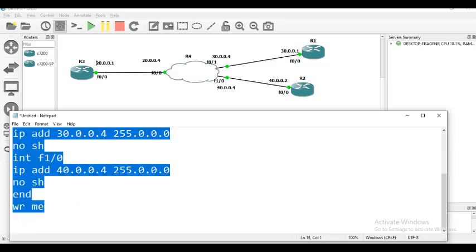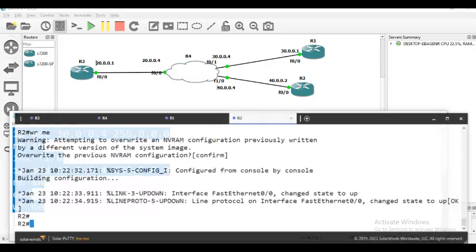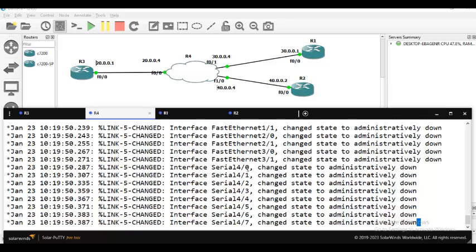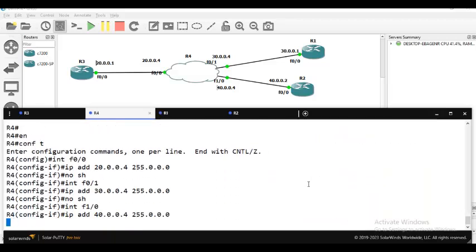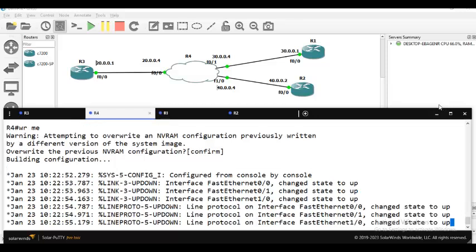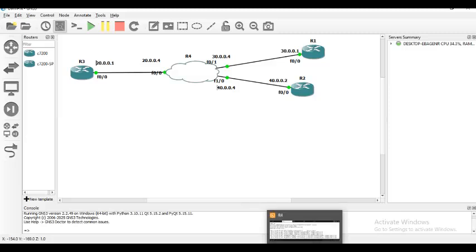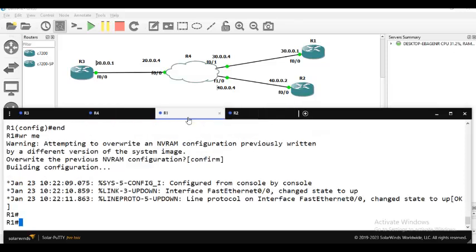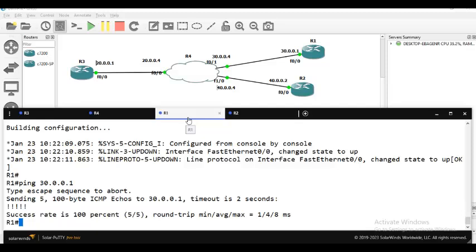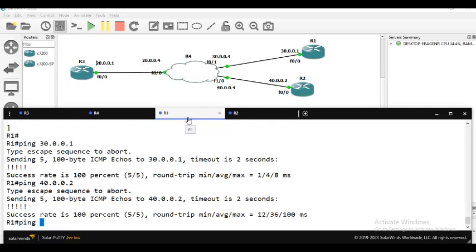That's it. Now I should have reachability between these three routers, R1, R2, and R3. Verify. Ping 30.0.0.1. The negotiation is going to happen using this address. Done. So we are able to ping all the remote devices. R3 is the hub router.